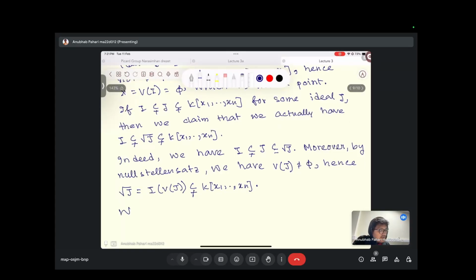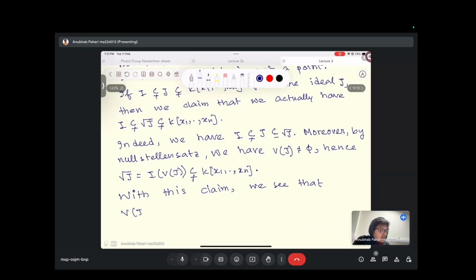With this claim, we see that V(V(I)), V(root J) is phi.